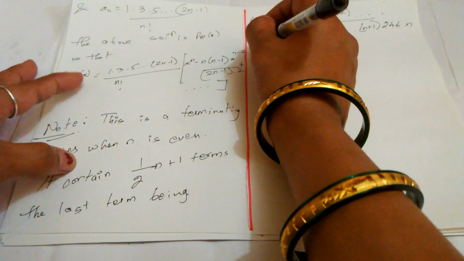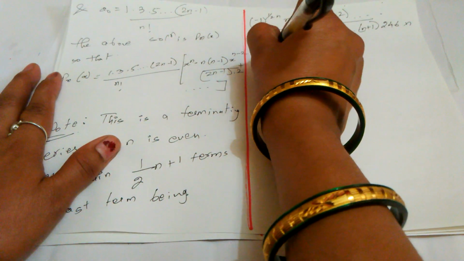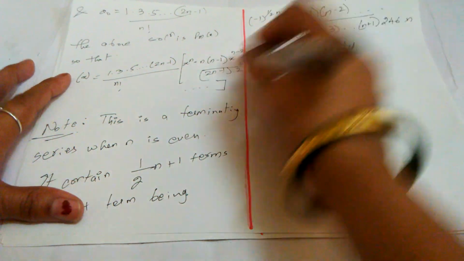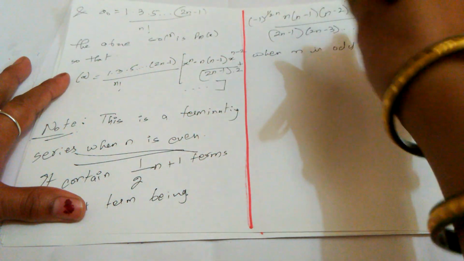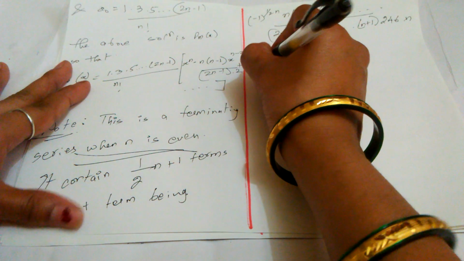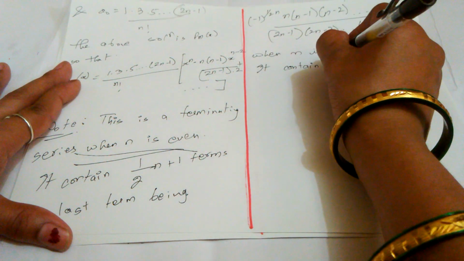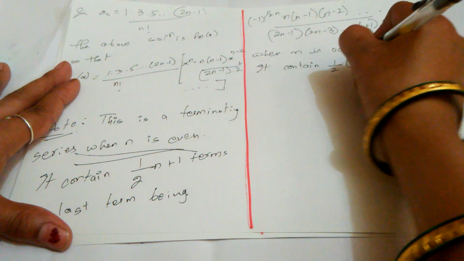Okay, this is when it is even. Now when n is odd, it contains 1 upon 2 in the bracket.